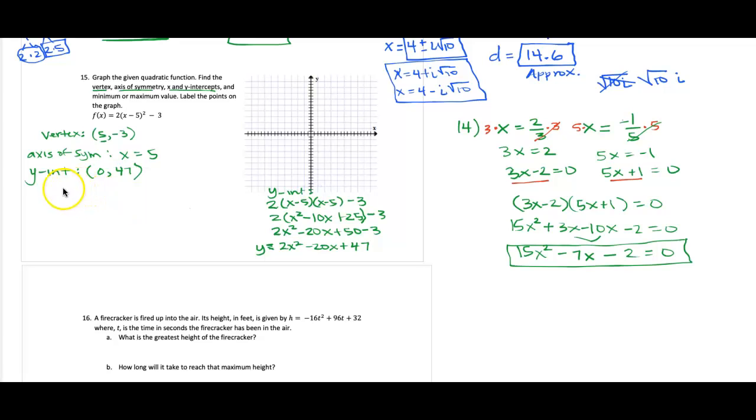All right, and so to find the x-intercepts on this, I can let y equal 0 and then solve for x on this. I can go to this part right here and then put that in, so my a is 2, my b is negative 20, and my c is positive 47.